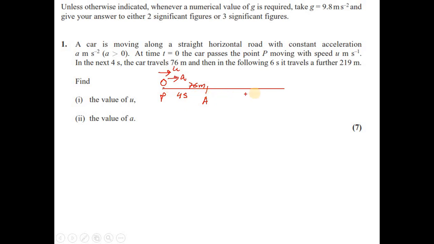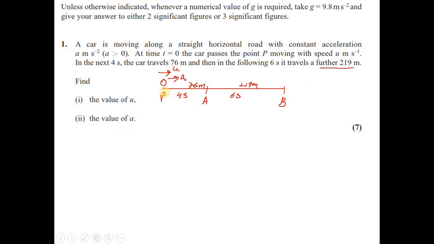The car keeps moving with the same acceleration, and in the following 6 seconds it reaches point B, and from A to B it travels a further 219 meters. We need to use this information to figure out the values of u and a in both parts.